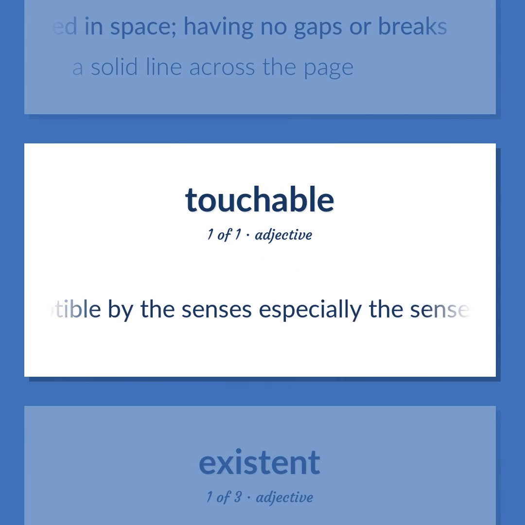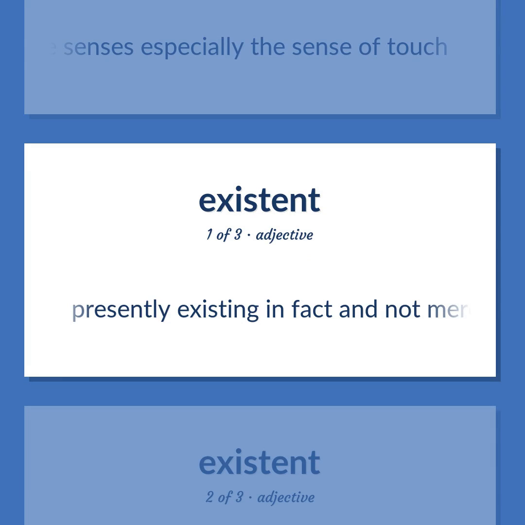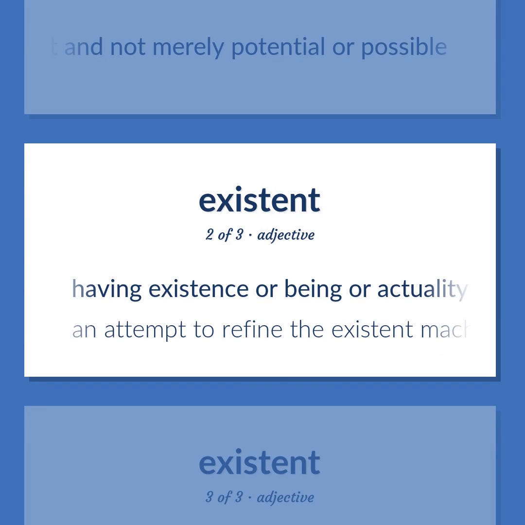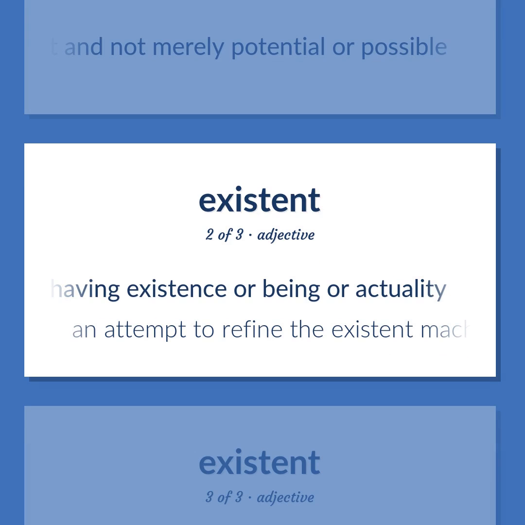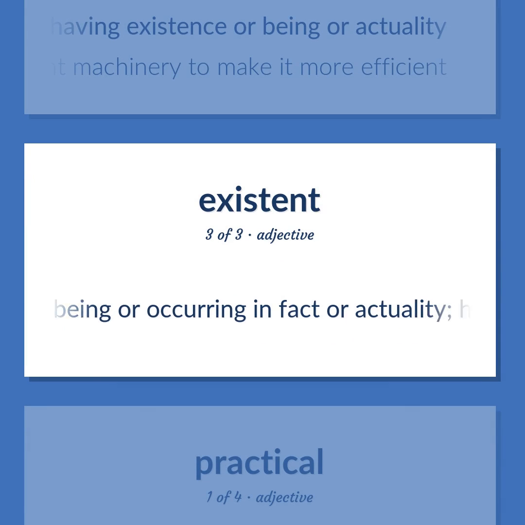Perceptible by the senses, especially the sense of touch. Existent: presently existing in fact and not merely potential or possible. Having existence or being or actuality. An attempt to refine the existent machinery to make it more efficient. Being or occurring in fact or actuality, having verified existence, not illusory.